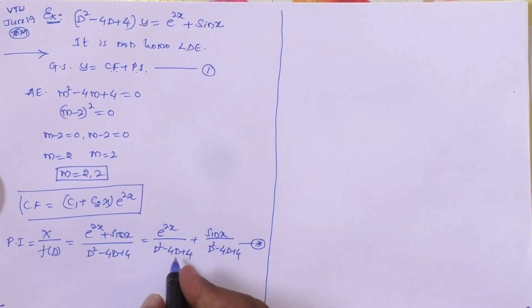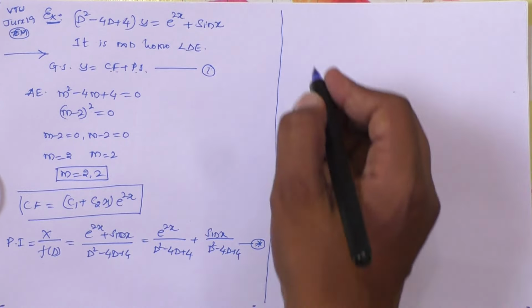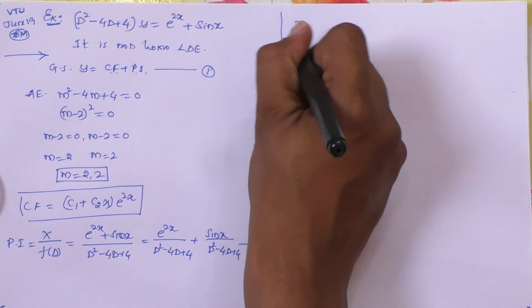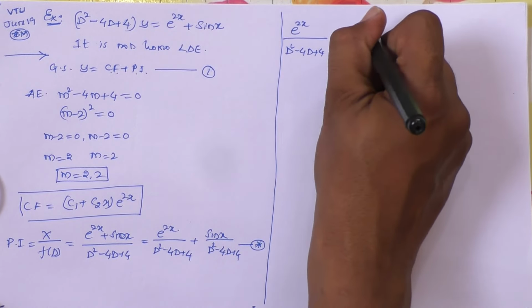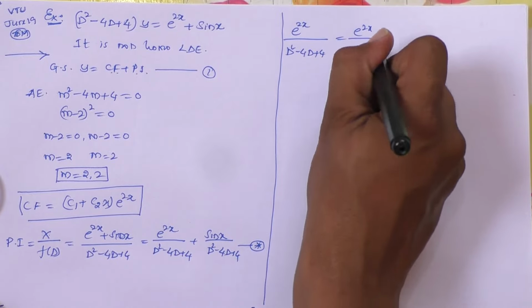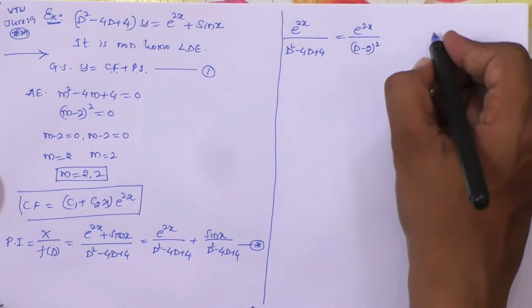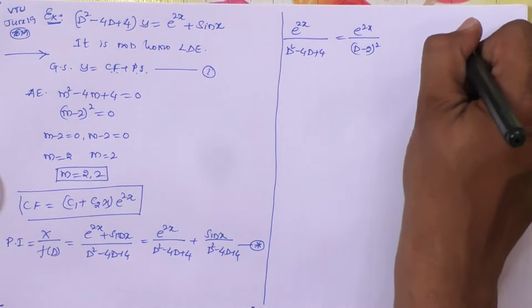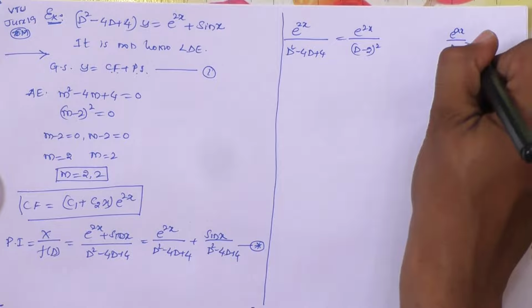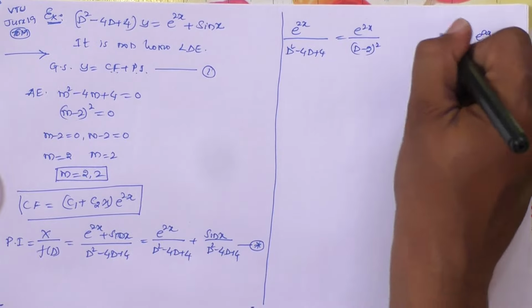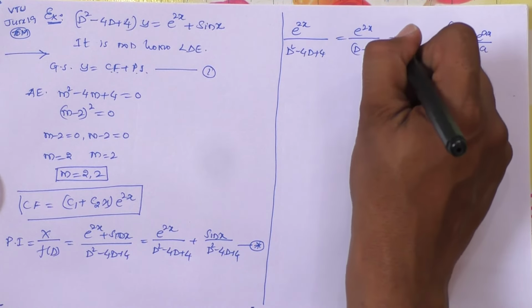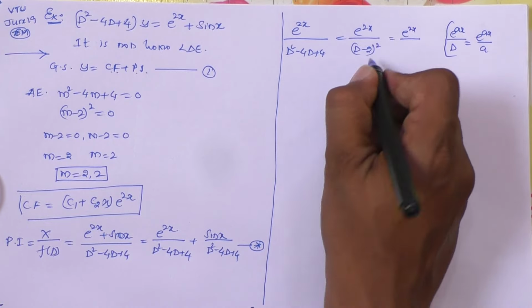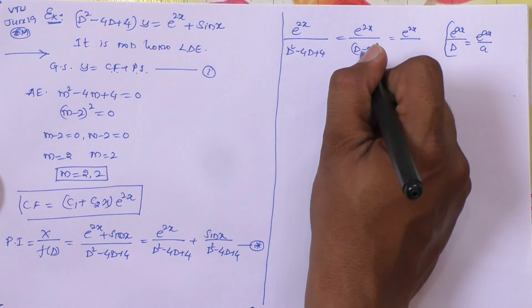First let us simplify e raised to 2x divided by D square minus 4D plus 4. It can be written as e raised to 2x divided by D minus 2 whole square. Now we know the result: if it is e raised to ax by f of D, then it can be written as e raised to ax by f of a, so D can be replaced by a. Here a is 2, so this is e raised to 2x divided by D replaced by 2, which is 2 minus 2, 0.